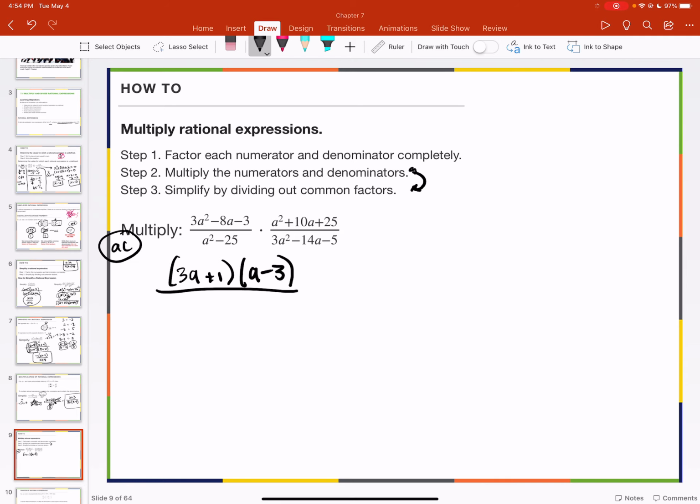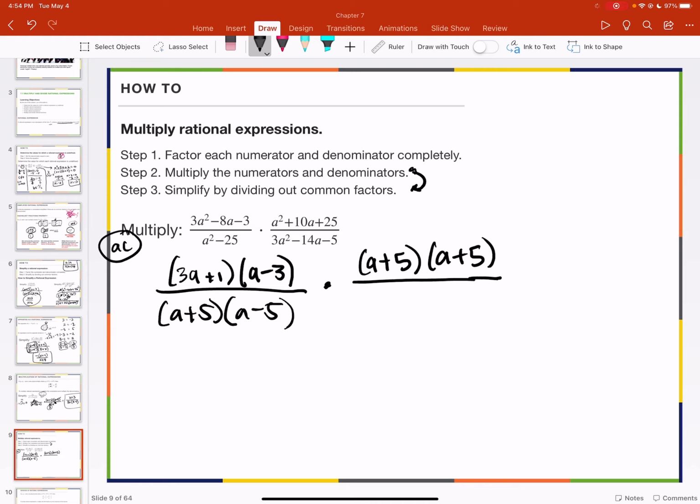Then a plus 5, a minus 5 here, times, this is a perfect square trinomial, so that's going to be a plus 5 squared. But I'm just going to write it as 2 factors just so you can see if it cancels out. And then here, this is going to be 3a times a. And then factors of 5 are 5 and 1. So plus 1, minus 5. And that'll give you the correct factoring.